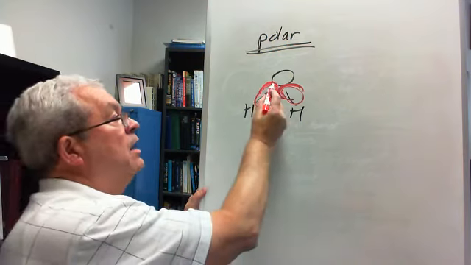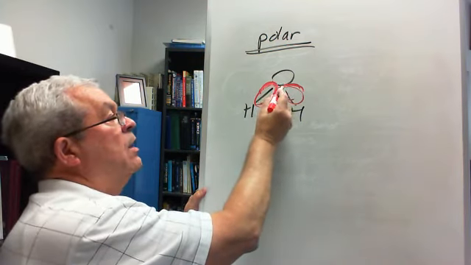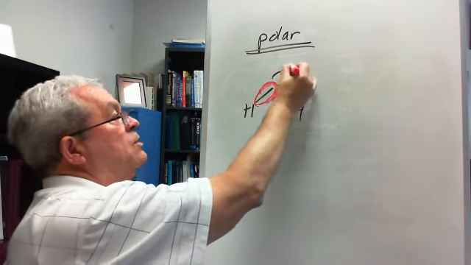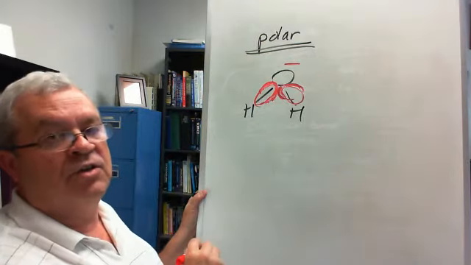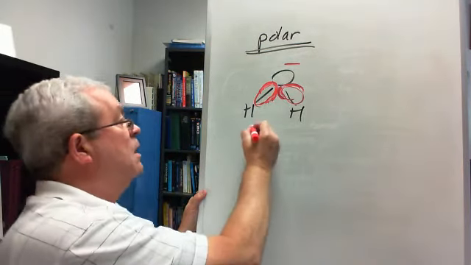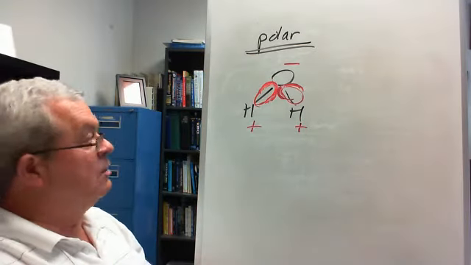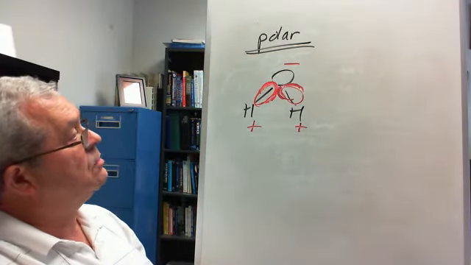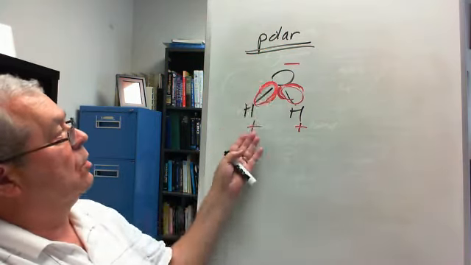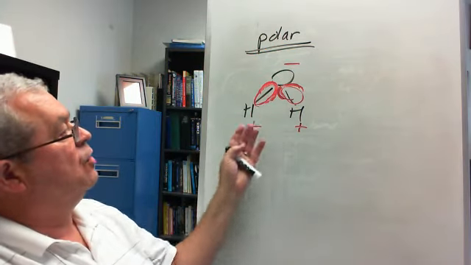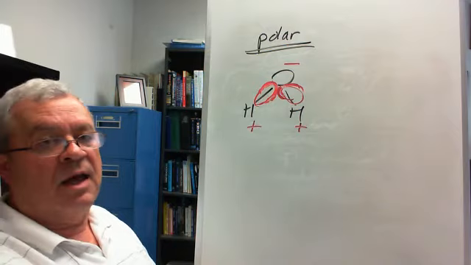So the negative electrons spend more time toward the oxygen end. That makes the oxygen end slightly more negative compared to the hydrogen end, which would be slightly more positive. And so that's your polar molecule. A negative end, the oxygen end, a positive end, the hydrogen end.